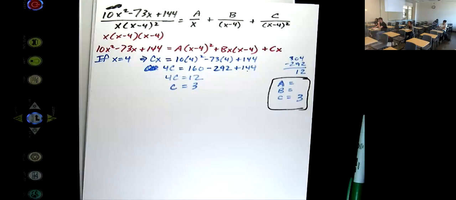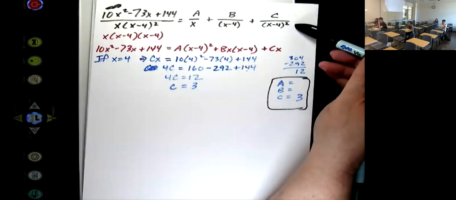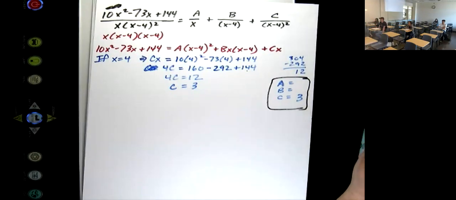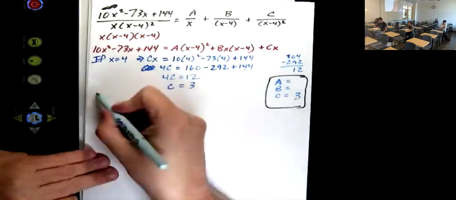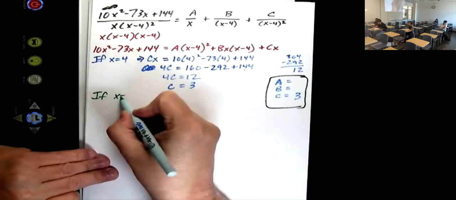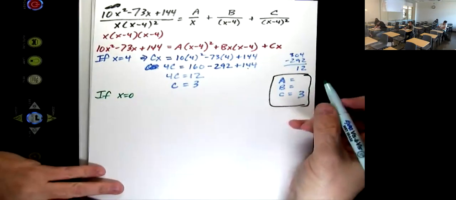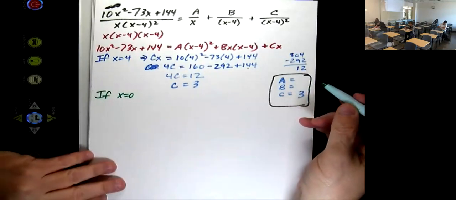Better question, if you look at these up here, what will make a denominator go to 0? X equals 0, yeah. X equals 0 is always a sneaky one for students, because it's like, no, that's just too easy or something.